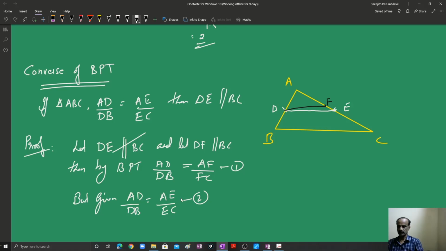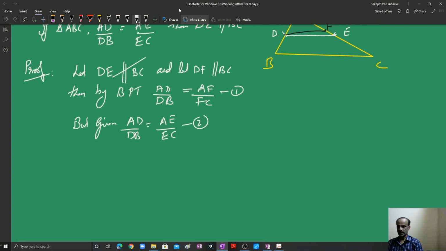From 1 and 2, AD by DB is equal to both of these. These two are equal, so that means AF by FC is equal to AE by EC.